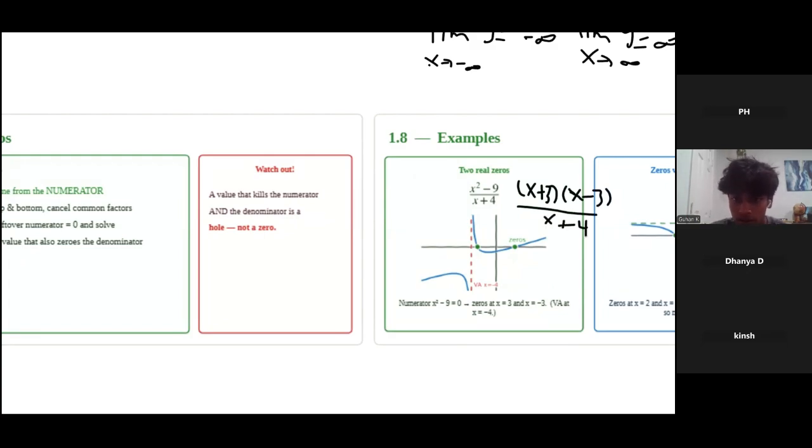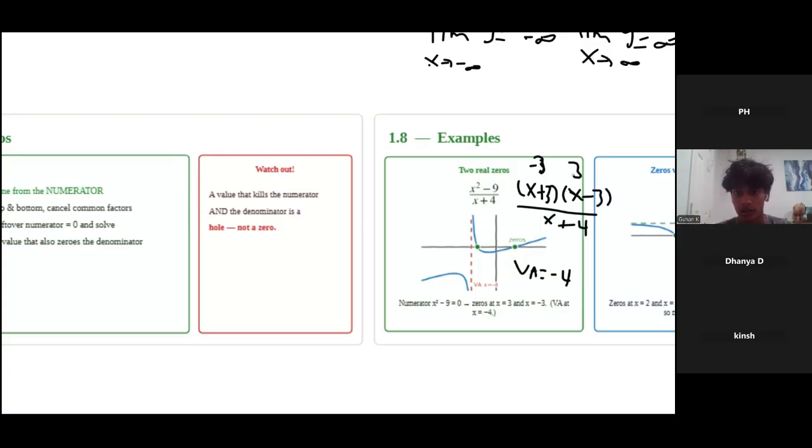So our vertical asymptote is going to be at negative 4, and our zeros are going to be at negative 3 and 3. So always think about first factoring it out and then looking at what makes the equations zero.